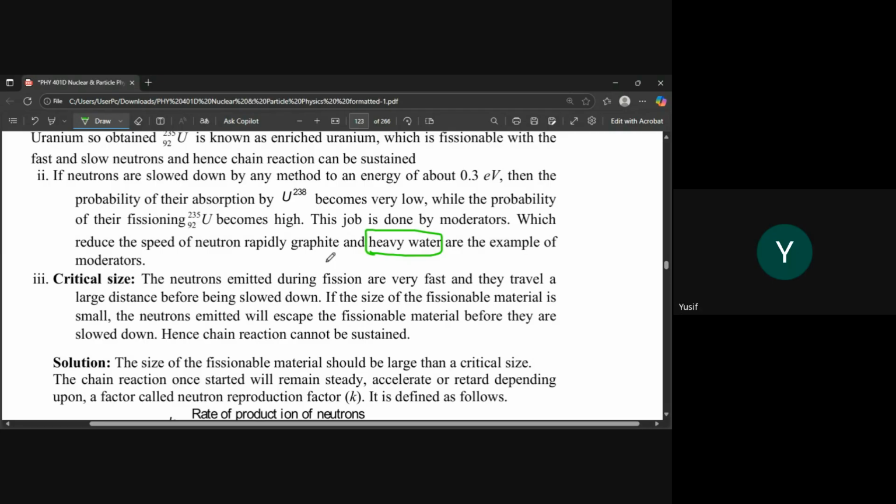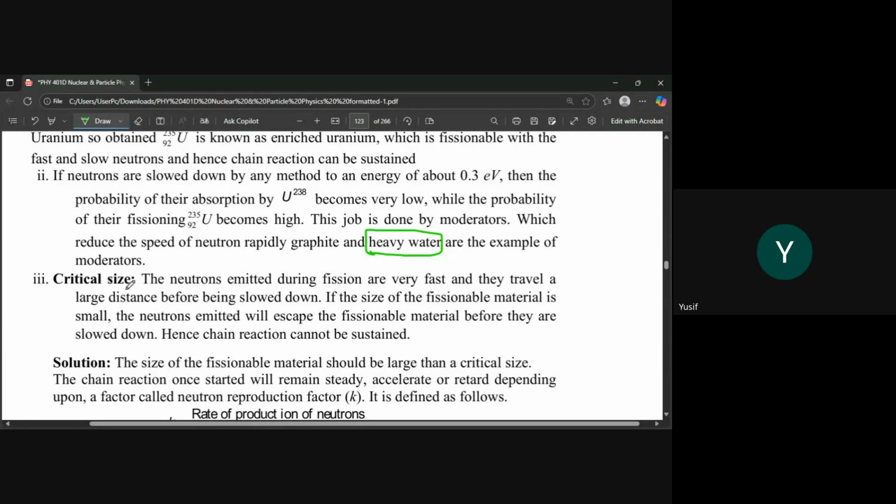As I said, heavy water is an example of a moderator, and it's used to stop the chain reaction. It blocks or reduces the neutrons that are being produced in the chain reaction. So at least it should give you a fair idea what heavy water is.